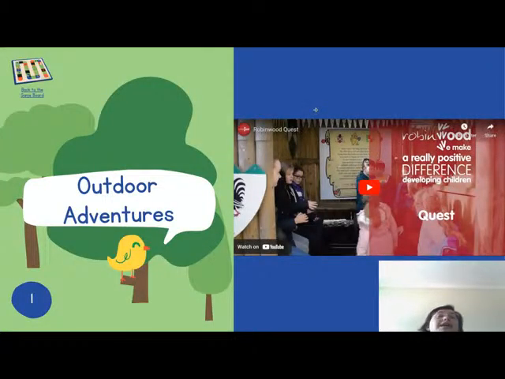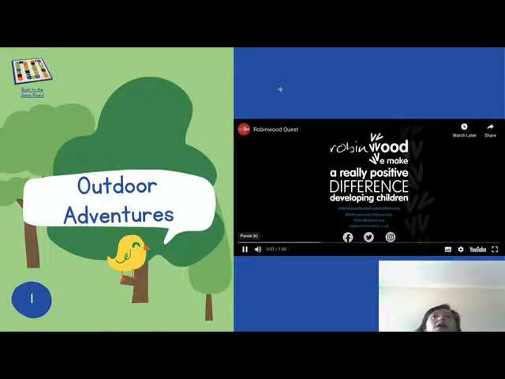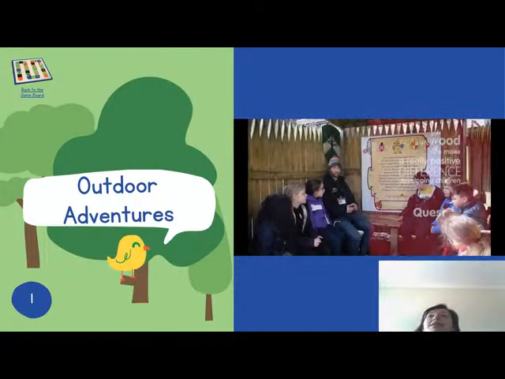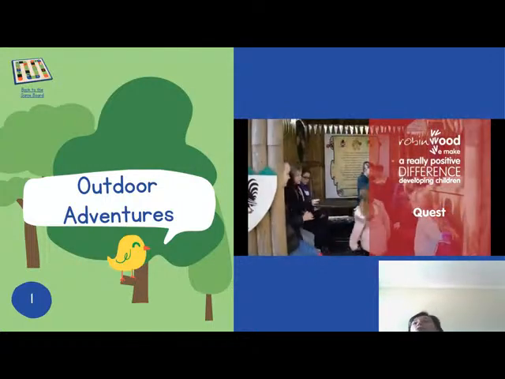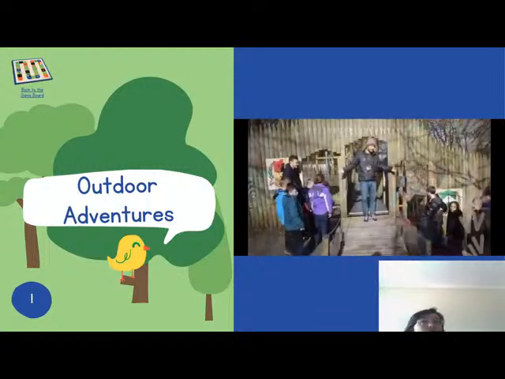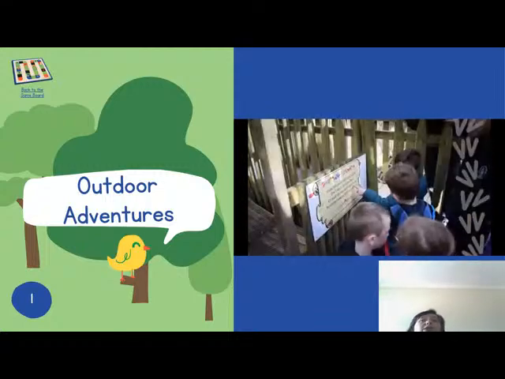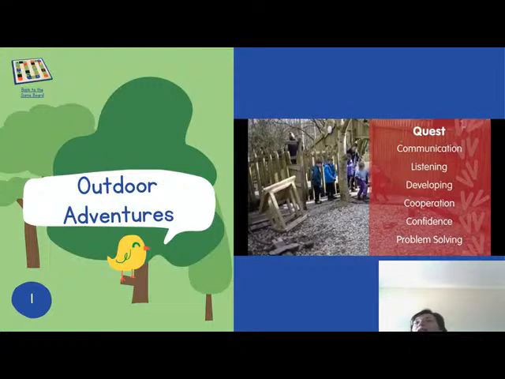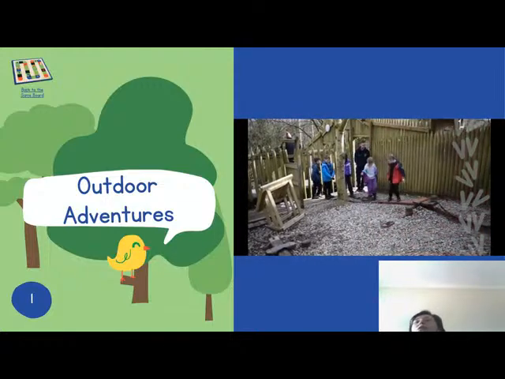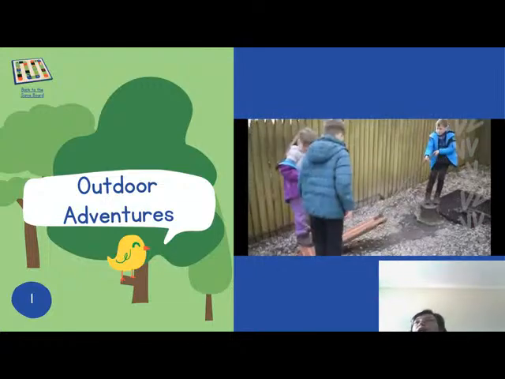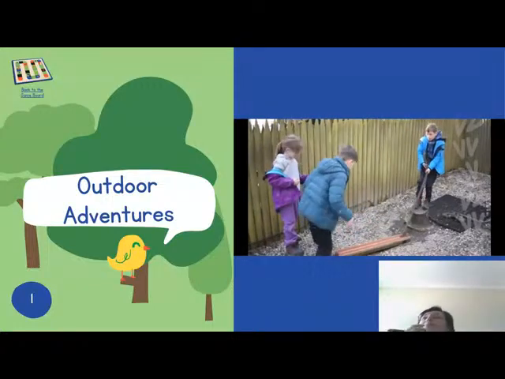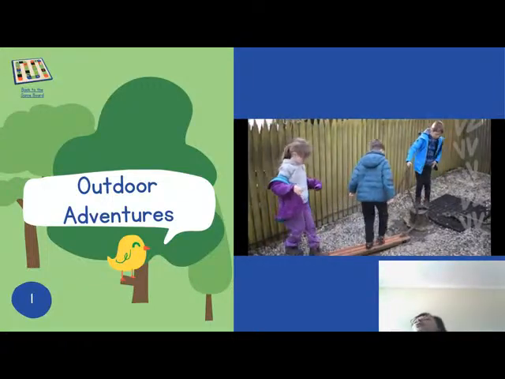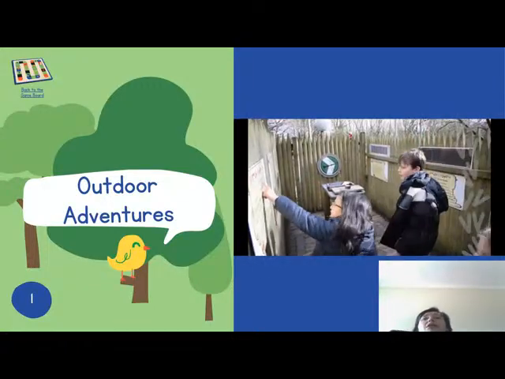So here we have again another outdoor learning activity. In this case, it's similar to the other one. It's a quest. And here you can see that you can integrate different areas of knowledge, because this is talking about legends, the Robin Hood legend, and you could very easily link it to culture, heritage, language.